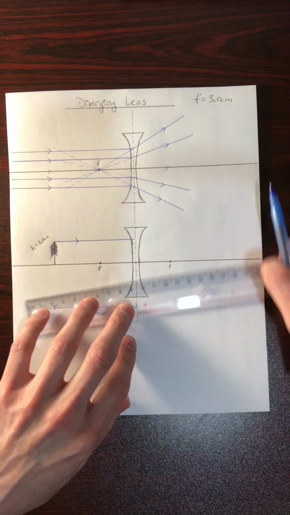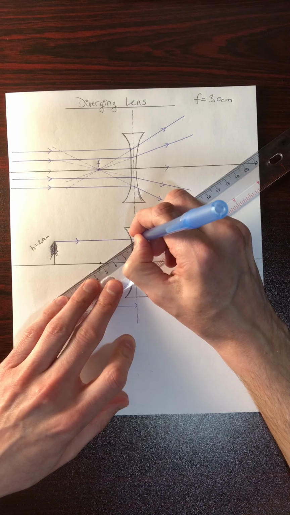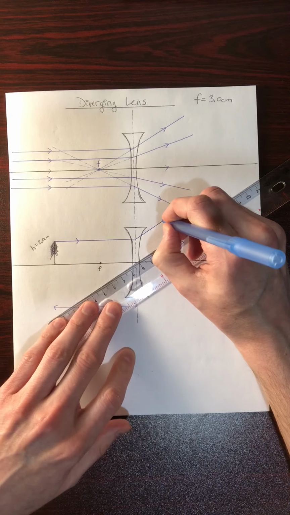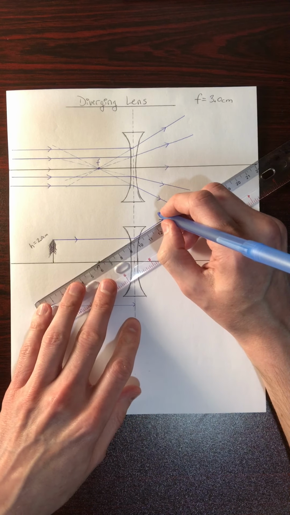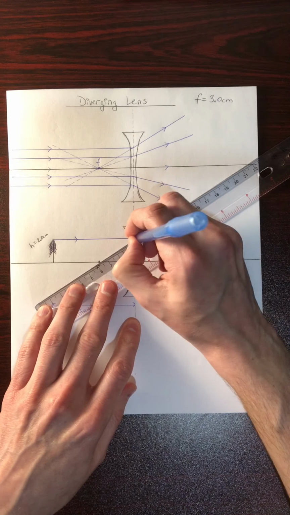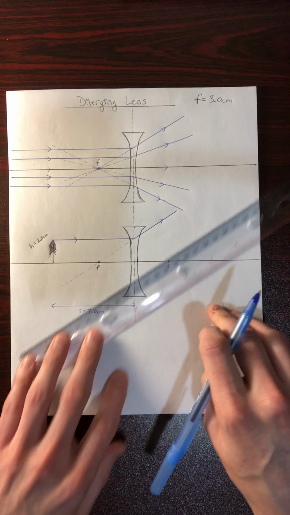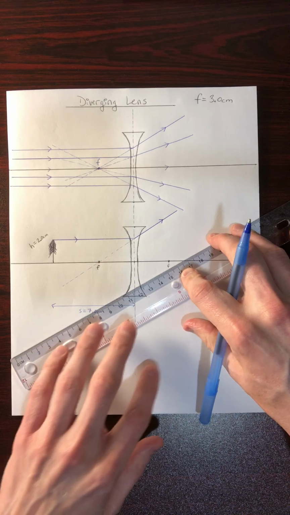We've already done that. So it's going to move and diverge sharply away, like that, and we're able to trace this back through the focal point here. So that's our first helpful ray to look at how this is behaving.